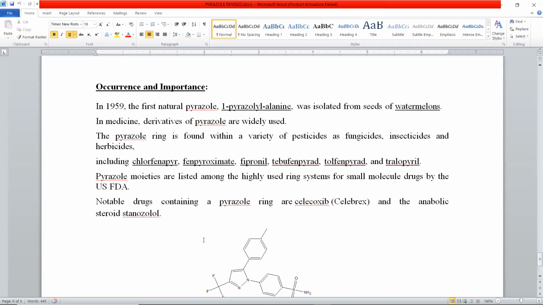So there are many examples of pesticides, fungicides, insecticides, and herbicides where pyrazole ring system is a part of the complex structure. Similarly, chlorofenapyr, fenpyroximate, pyraclostrobin, tebufenpyrad, and other compounds are used as pesticides, fungicides, insecticides, and herbicides.